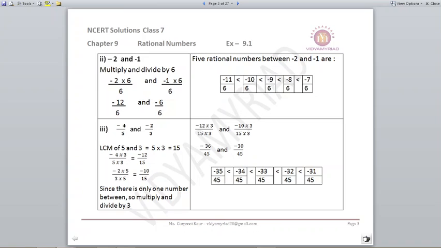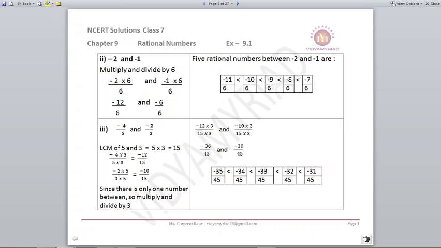So -4 upon 5 multiplied by 3 gives -12 upon 15 as the first rational number. The second is -2 upon 3, to be multiplied by 5 to get 15 as the denominator. It becomes -10 upon 15. So we need to find 5 rational numbers between -12 upon 15 and -10 upon 15.